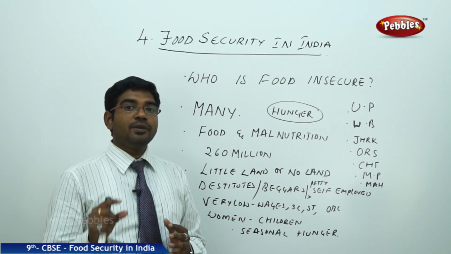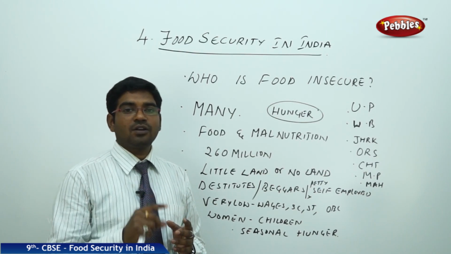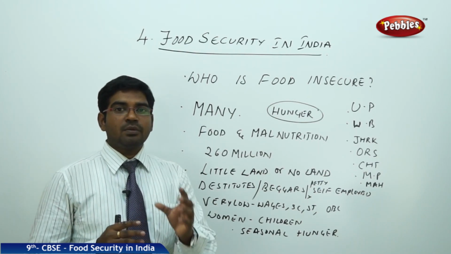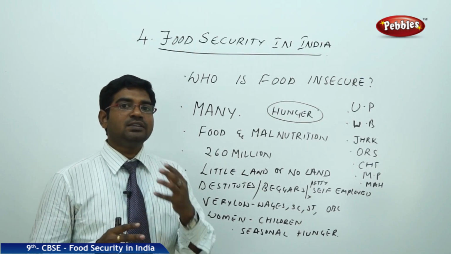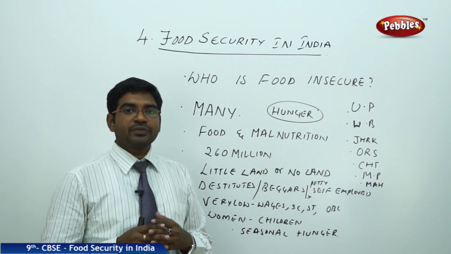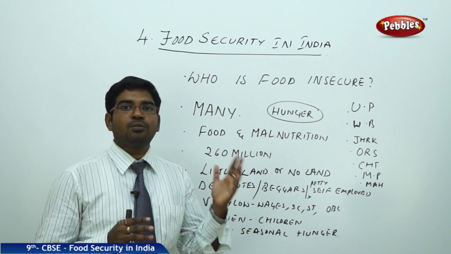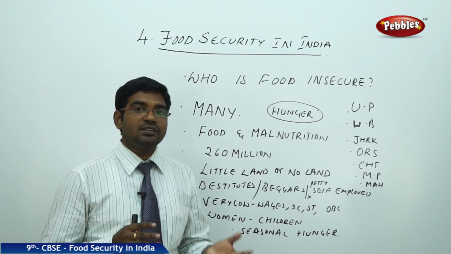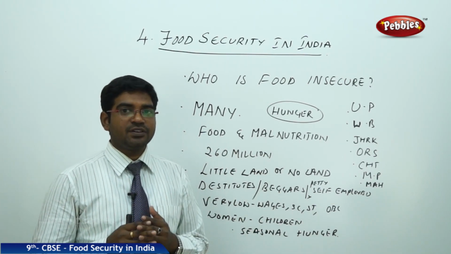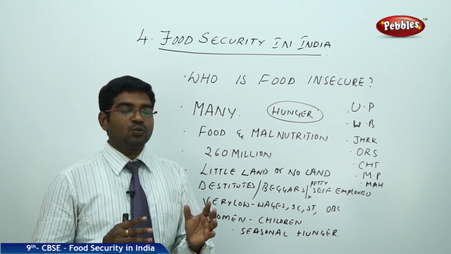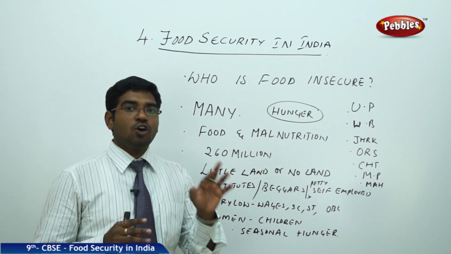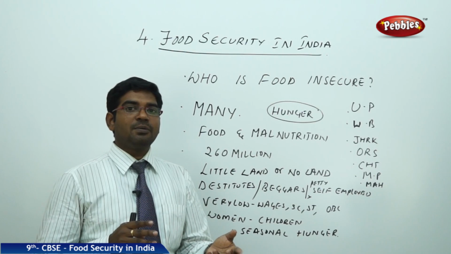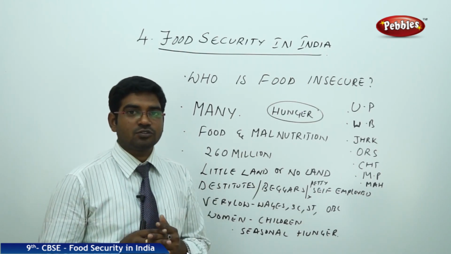So they are bound to take some amount from a money lender in order to start the agricultural work. As the season arrives, they approach the money lender, take the money at a very high rate of interest and start their work, and in turn they also work as agricultural labor in someone else's field.